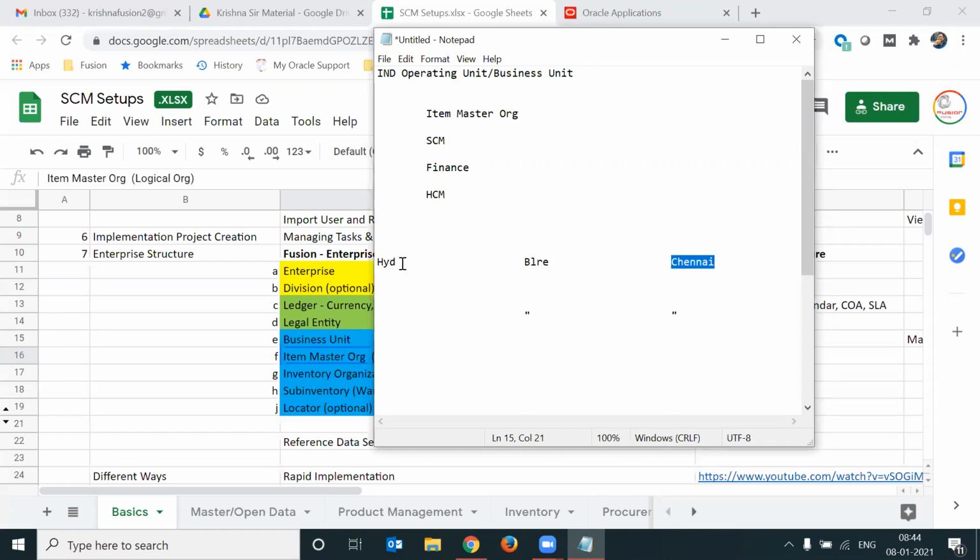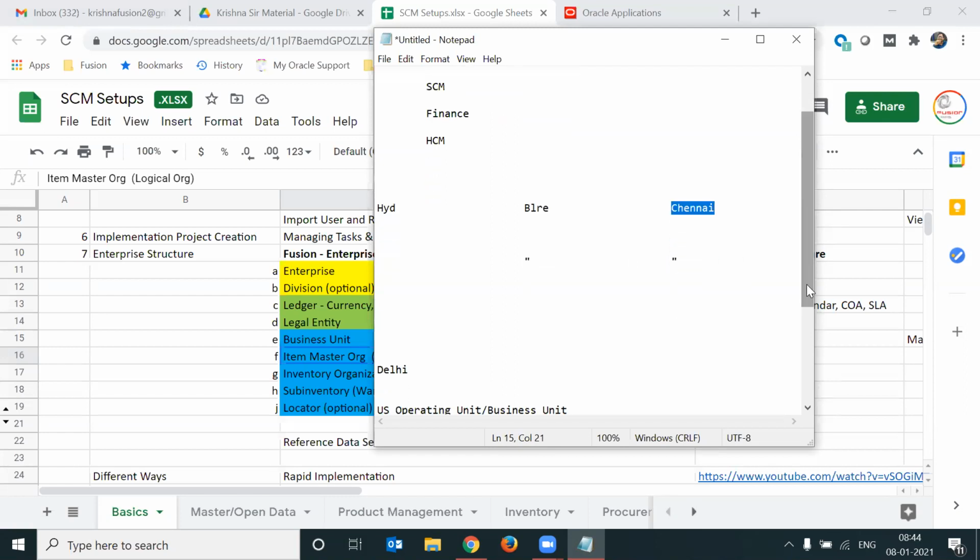That means in Hyderabad you are offering 3 products, in Bangalore just the first 2 products, and in Chennai the last product, that is HCM. So you define in the master organization and assign to the inventory organizations according to the offering. You need not assign all the products, only whichever products you are offering in those places.